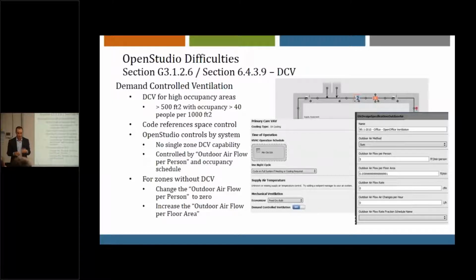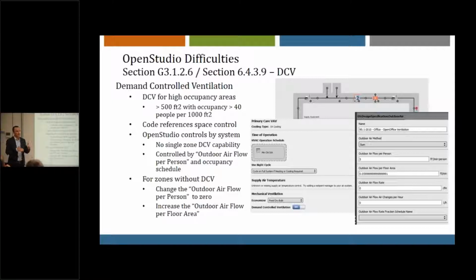The best way we found to do this, if you just have certain zones on a larger system that need demand control, is that EnergyPlus's demand control ventilation is controlled by the occupancy schedule and then your outside air values per person. So if you have a zone that has a 0 for outdoor airflow per person, that zone will not have demand control.